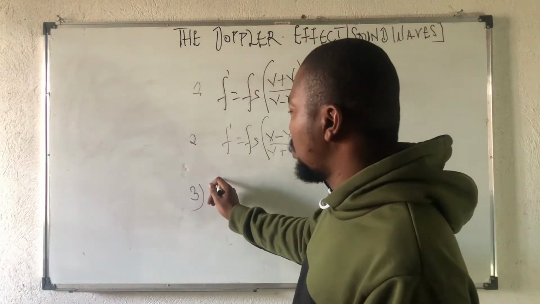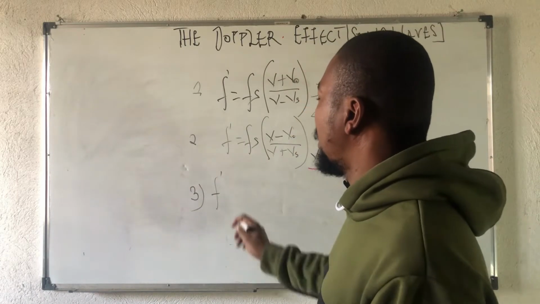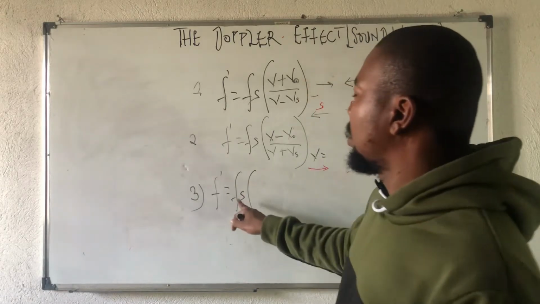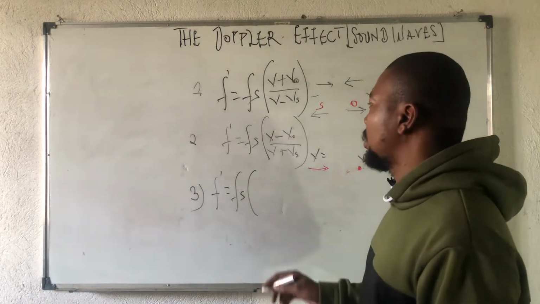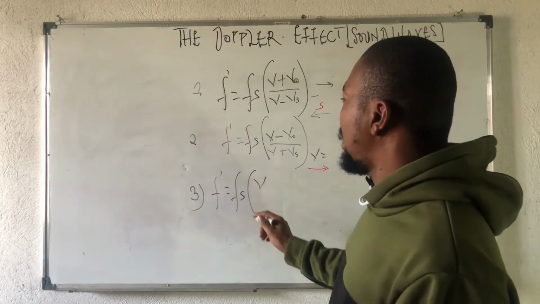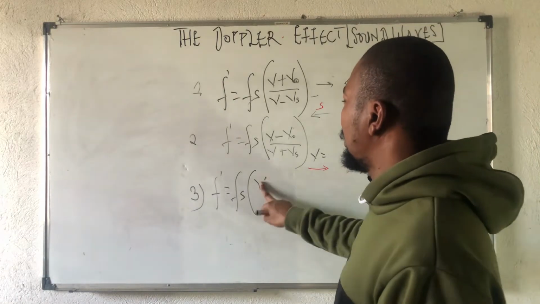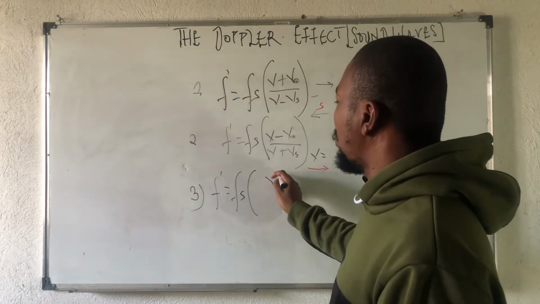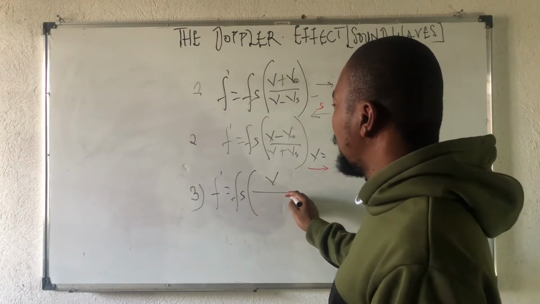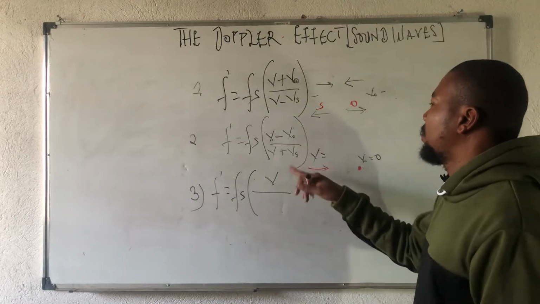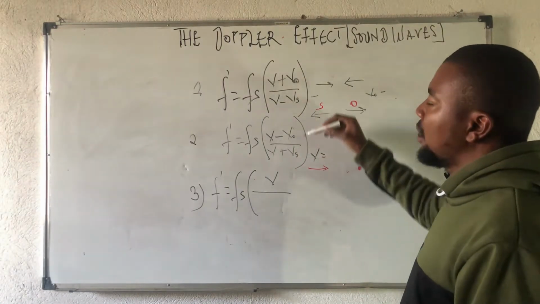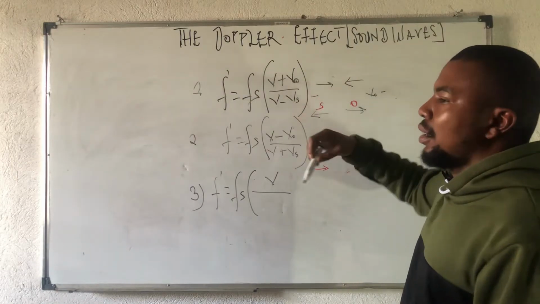Hence, this formula will now become f prime is equal to fs, that is frequency of sound, multiplied by. Okay, so since this one becomes a 0, we're only going to have a v at the top, because if the velocity of the observer is 0, it simply means that this v here now becomes 0.